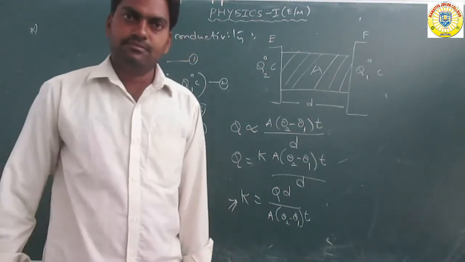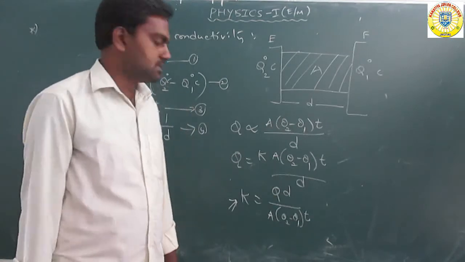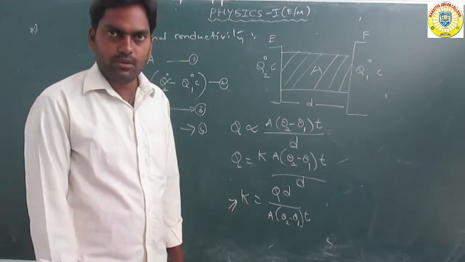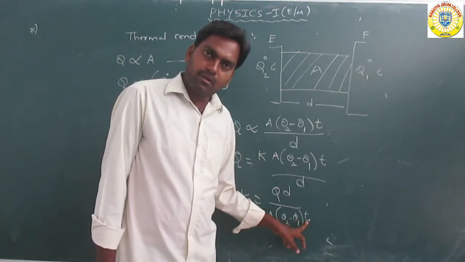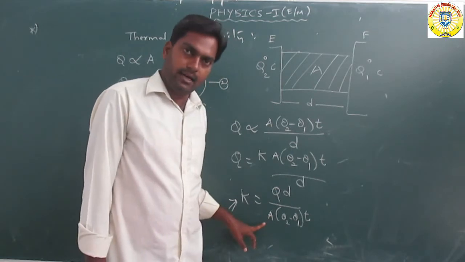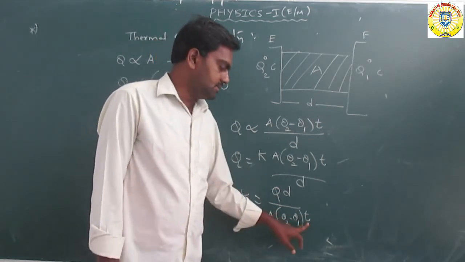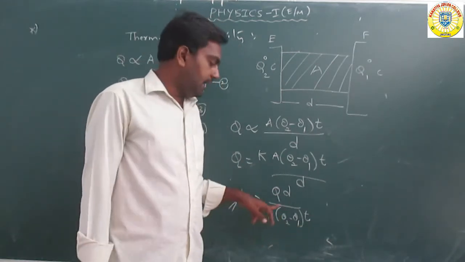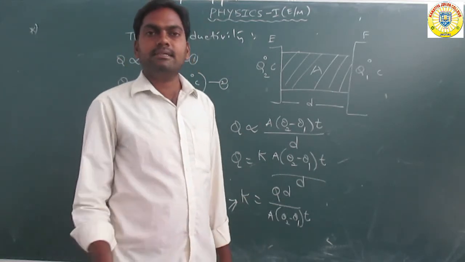So K is called the coefficient of thermal conductivity. What is the meaning of the coefficient of thermal conductivity? It is the heat conducted per second, that is per unit time and per unit cross section area, with unit gradient, that is the radiant gradient.